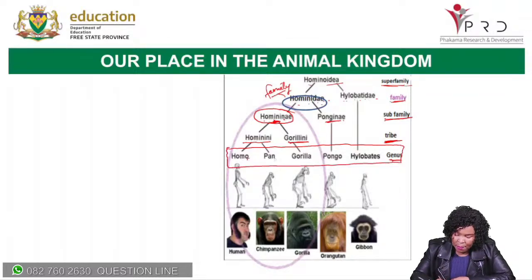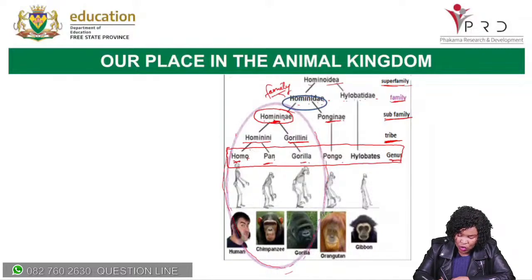Homo, Pan, Gorilla, Pongo, and then these are the genus of others that are far from us. So the ones that you are going to focus on are the ones that are inside this purple oval or circle over here. So you must know the genuses and be able to tell where they come from.